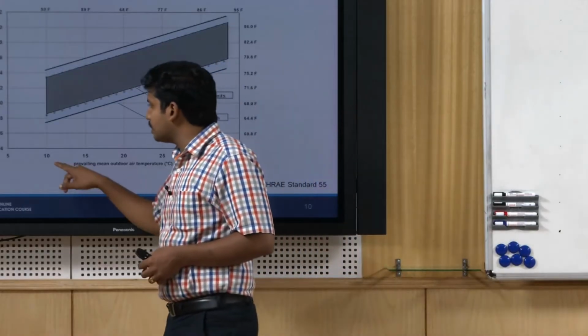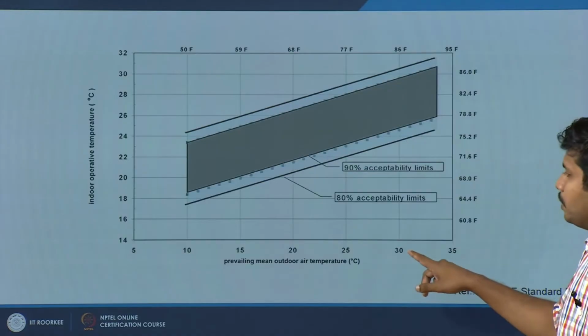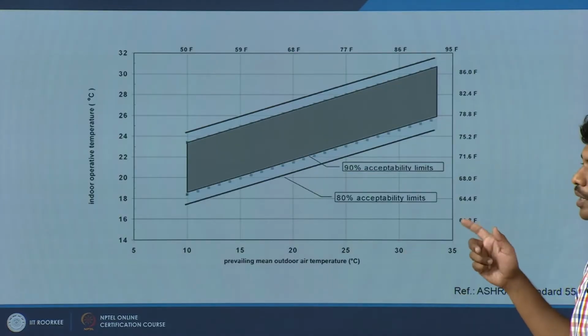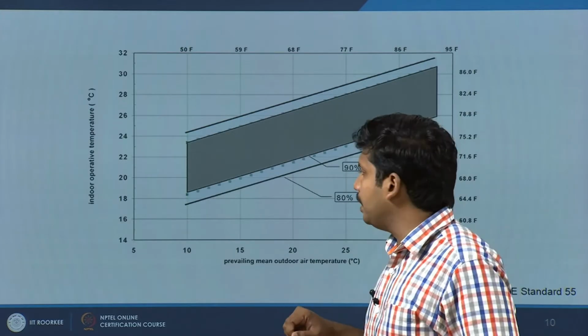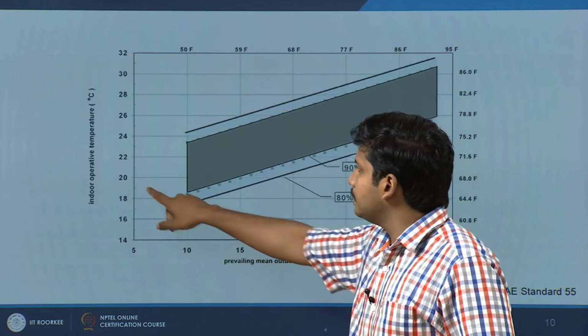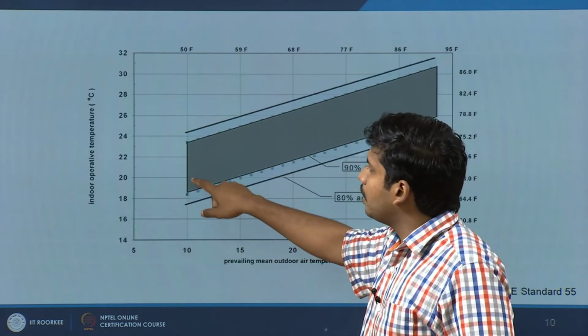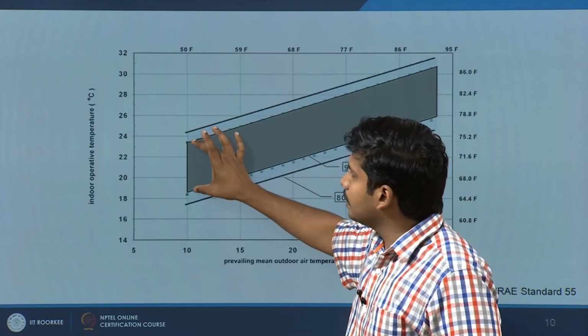For example, what is comfortable to you at 10 degree ambient temperature is not comfortable to you at 30 degrees ambient temperature. When the prevailing daily mean temperature is 10 degrees, then your probable indoor operative temperature comfort could be between 20 and 22, somewhere in this area.